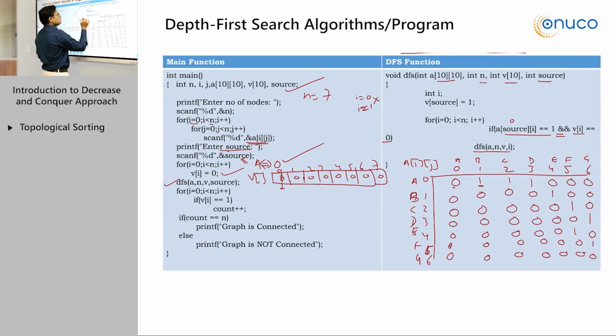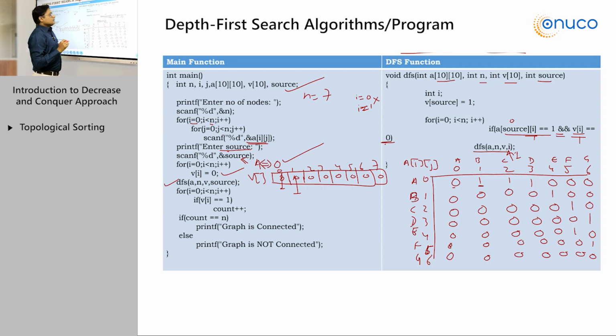Visited of I, visited of 1 is 0. Yes, visited of 1 is 0. Hence this part is also true, the right side is also true. So we are going to call DFS of A and I, where I is 1. So we are going to make visited of 1 is equal to 1. So now this particular vertex is also 1.